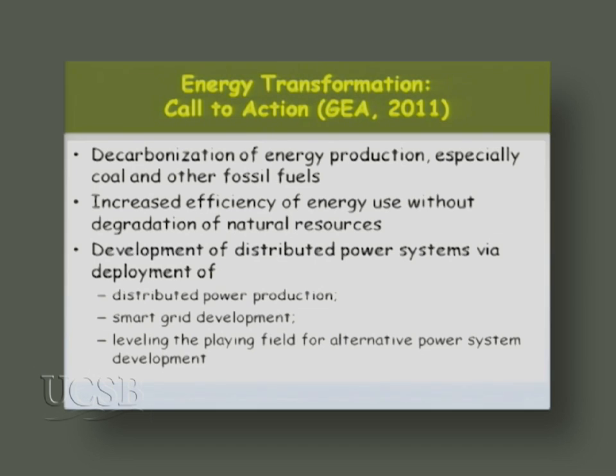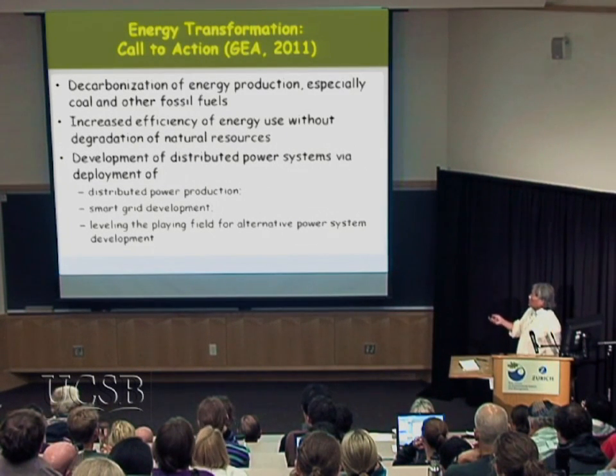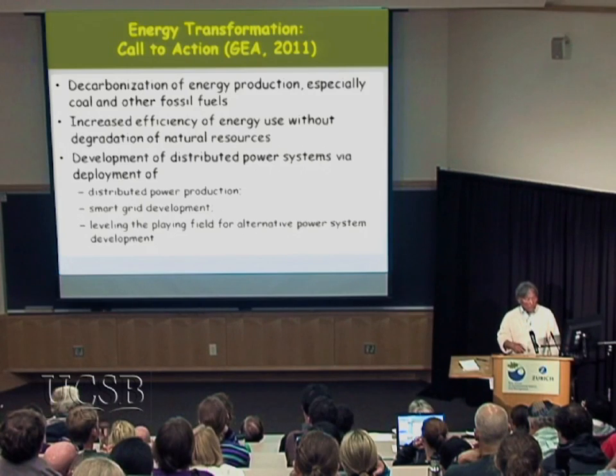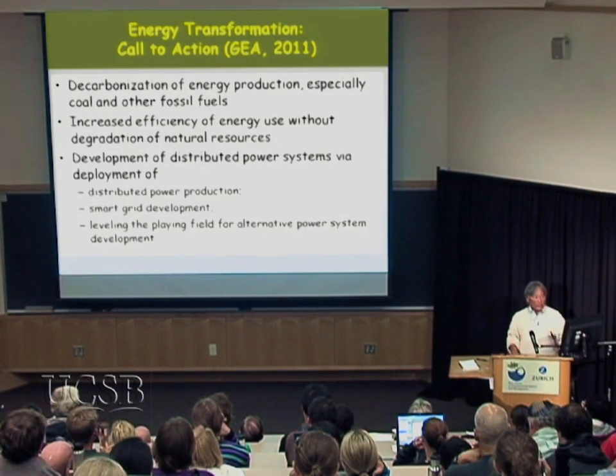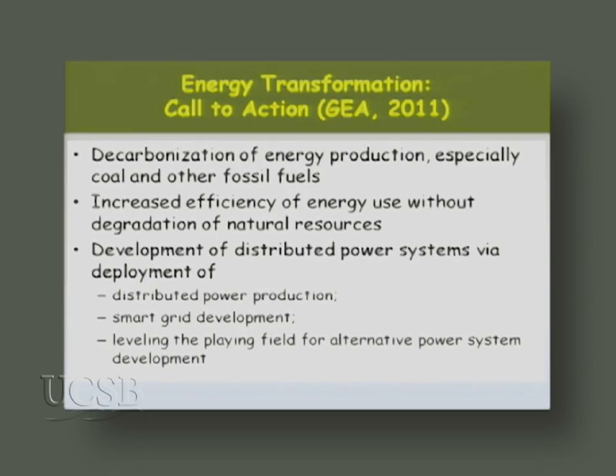How do we look at distributed power production, smart grids, and ways of providing financial incentives and subsidies to other power development systems? And so those are things that they're recommending in their report.